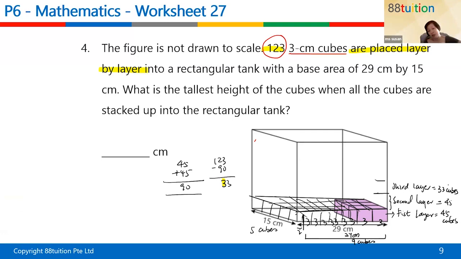But you know there must be 3 layers at most for the height, because some has already occupied that. Total 3 layers, each layer is 3 cm, so 3 centimeters times 3 will give you 9 centimeters. I hope the explanation is okay.